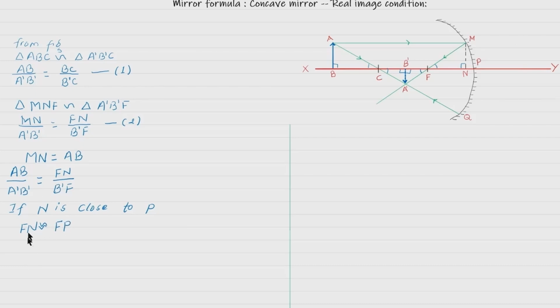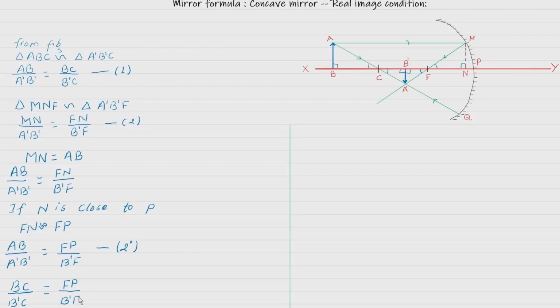So the above equation can take the form AB by A dash B dash is equal to FP by B dash F. Let us consider this as equation 2 dash. So from equation 1 and equation 2 dash, we can write BC by B dash C is equal to FP by B dash F.